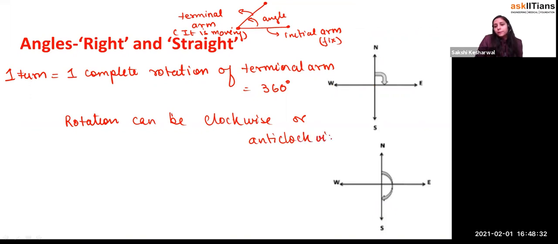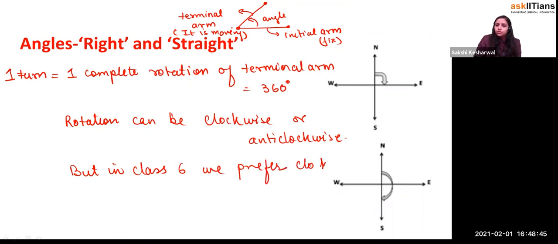But in class 6 we prefer clockwise, just for our convenience. Going from north to east is clockwise.